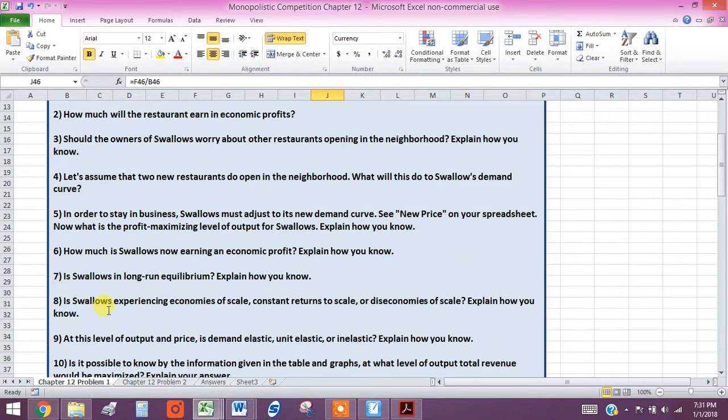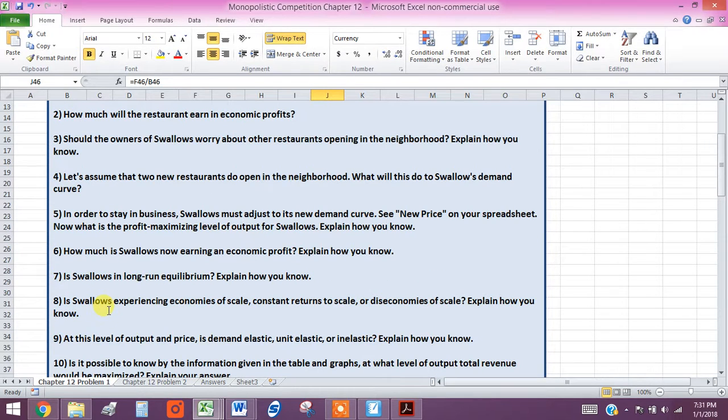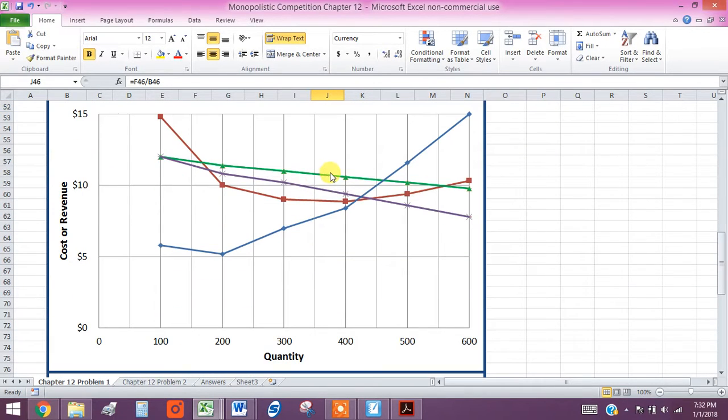I think I'm going to do through 5 and then do this second 5 on another video so we don't go too long with this. So number 4, let's assume that 2 restaurants do open in the neighborhood. What will this do to Swallow's demand curve? Well, if 2 more restaurants open in the neighborhood, that is going to shift the demand curve to the left.